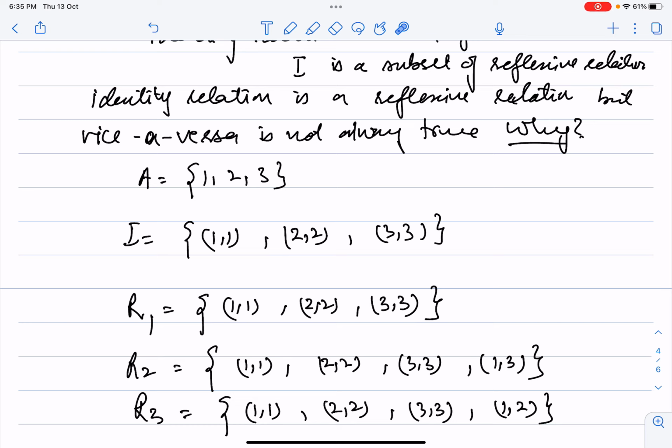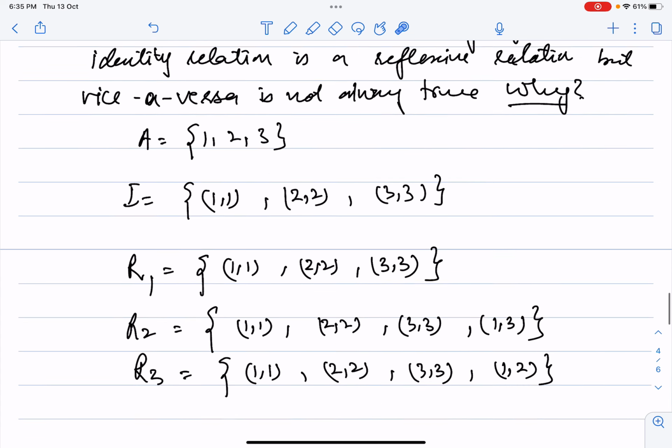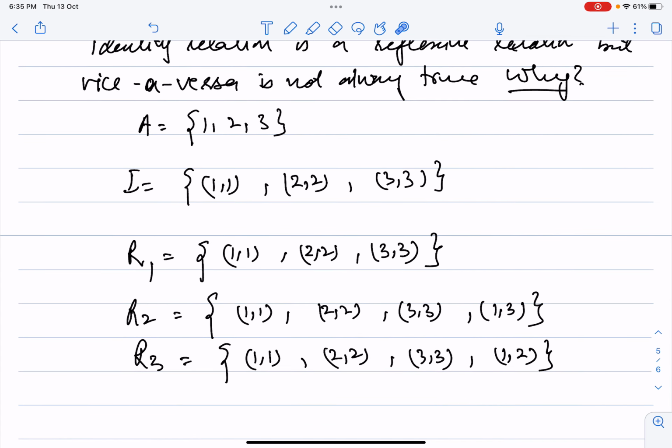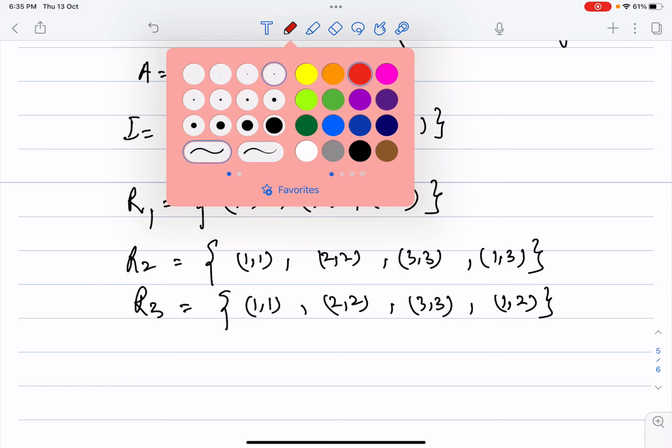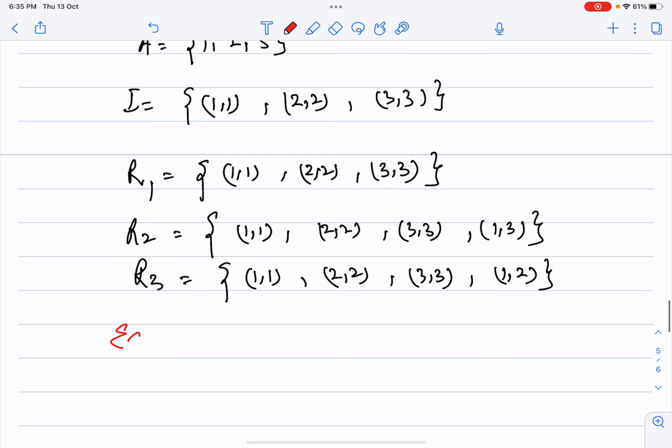So I hope students you got some clarity on this topic, and in my coming videos, obviously I will be taking a few more examples, especially those examples which have been coming in the boards. And before winding up, let me tell you one very important point, otherwise I will forget, and that is equivalence relation.